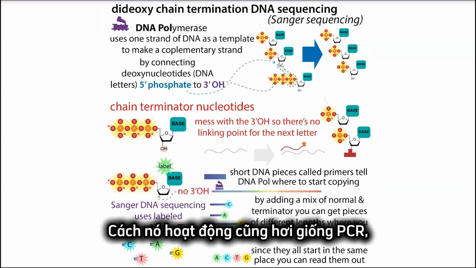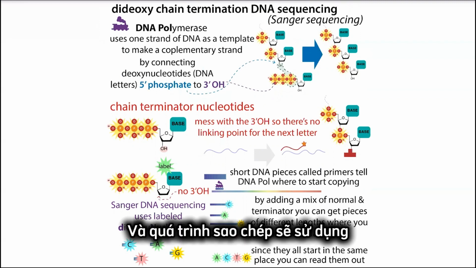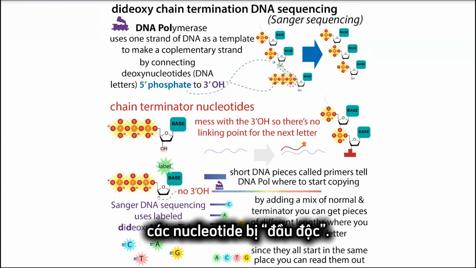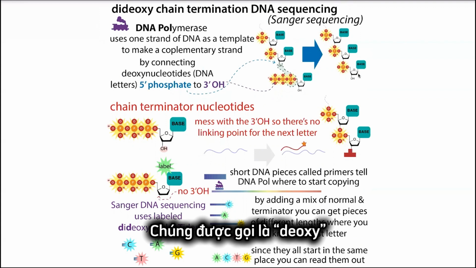How it works is kind of like PCR, except that you only have one primer per reaction. And you're going to use kind of poisoned nucleotides. So deoxynucleotides are normal DNA letters, and they get that deoxy because they don't have this 2' OH, which is what RNA has.